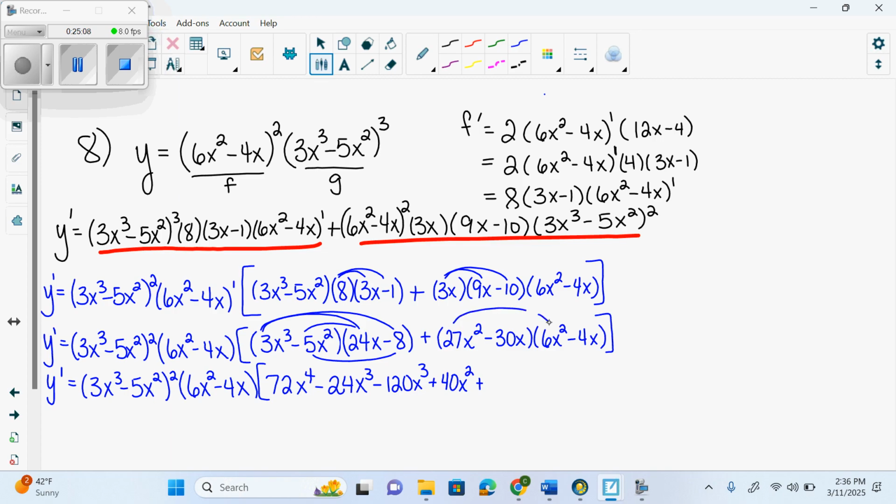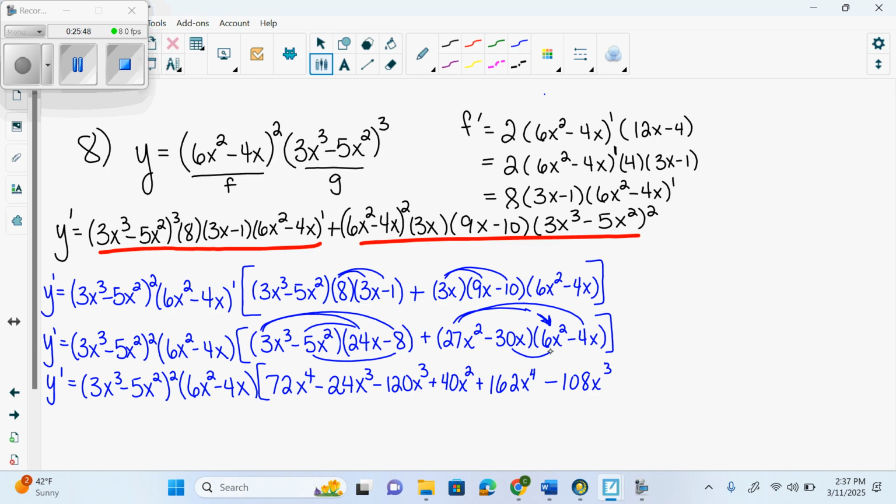now this is where my brain is going to start helping. 27 times 6. 24s are easy because you just take 1 off each time. Multiply by 25. It's going to be 150, 162, 164, 162, oh, that's right. 162 x to the 4. 27 times negative 4, negative 108, x to the 3.